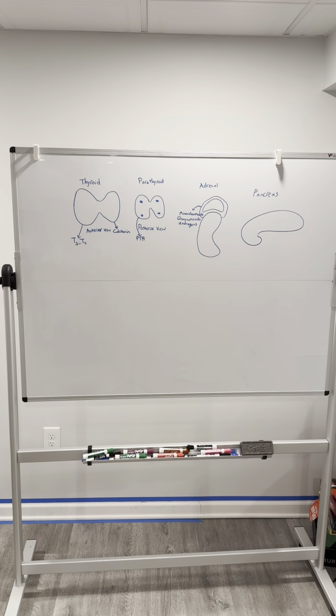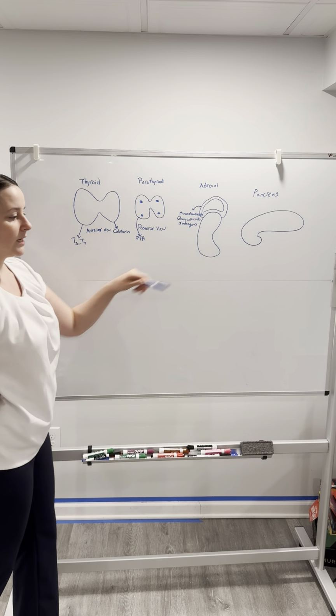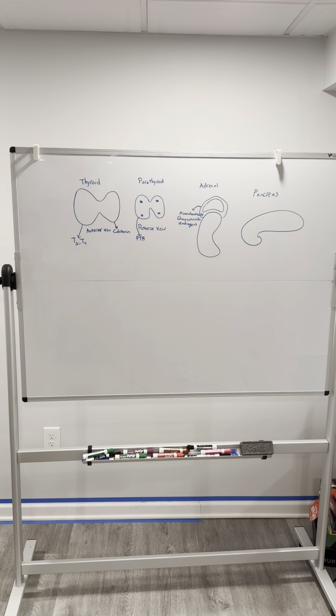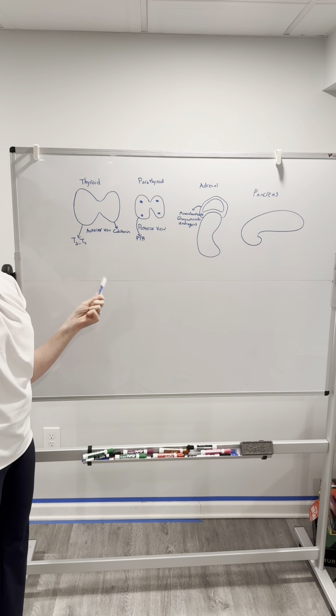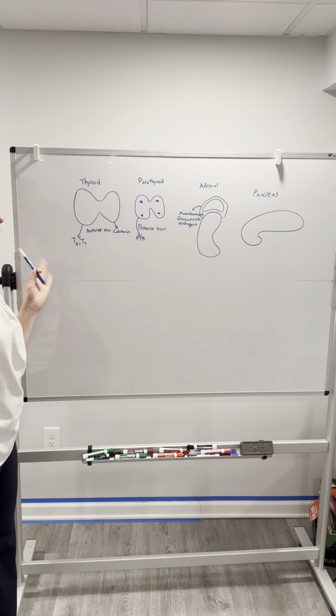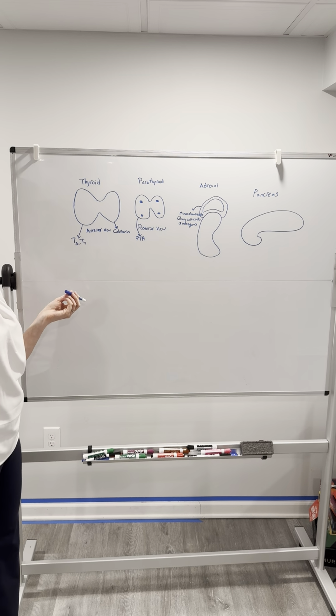From there, in the kidneys, sodium and water reabsorption increases, and we have increased secretion of potassium and hydrogen ions into the urine. We're going to talk about this more when we get to the urinary system, so you do need to know this pathway for the urinary system also.